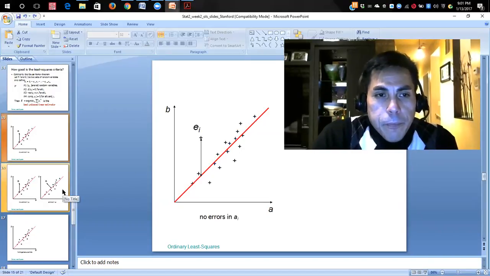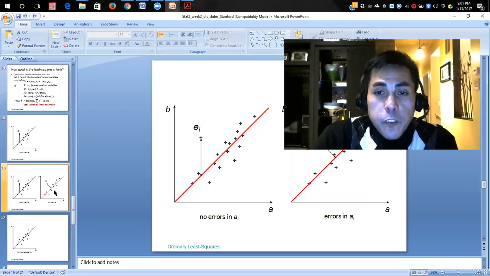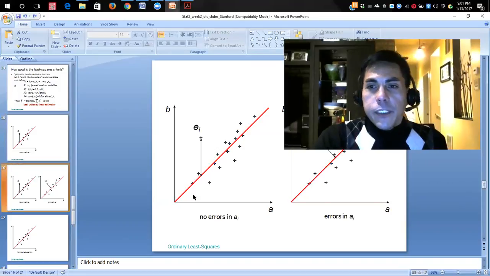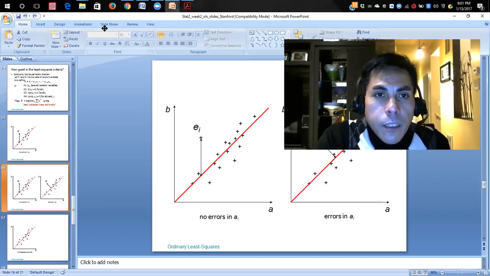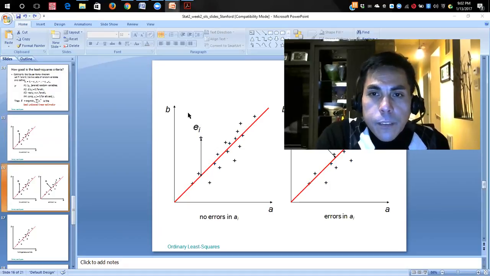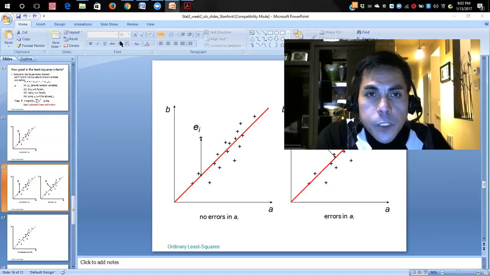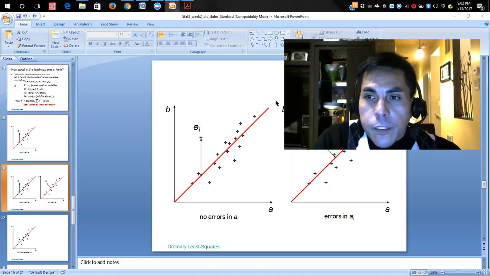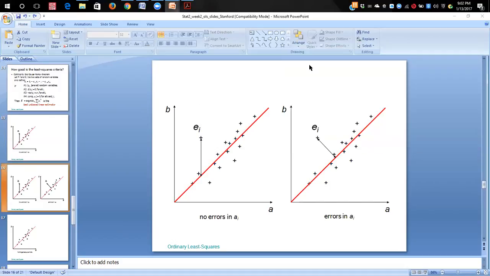There are, of course, different observations that we can see, trying to get this minimized.